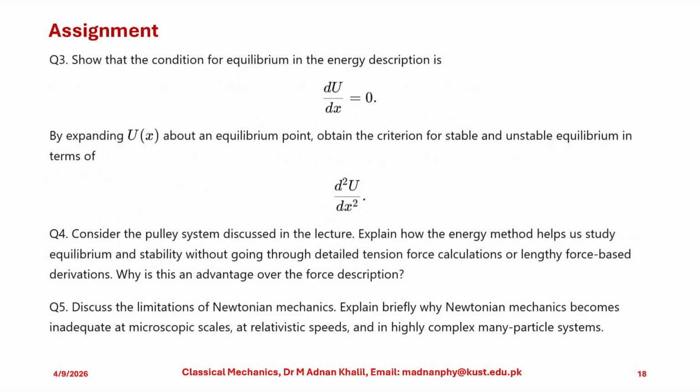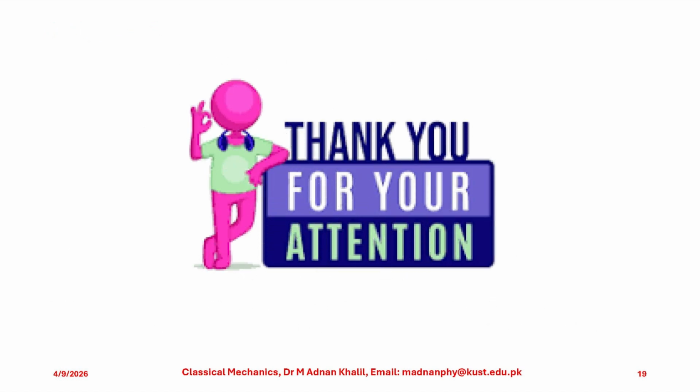In question 3, you are asked to show that equilibrium in the energy description is given by the first derivative of the potential and then use the second derivative of the potential to distinguish between stable and unstable equilibrium. Question 4 is based on pulley systems and question 5 is on the limitations of Newtonian mechanics.